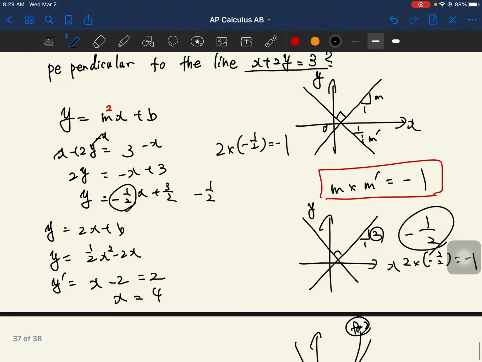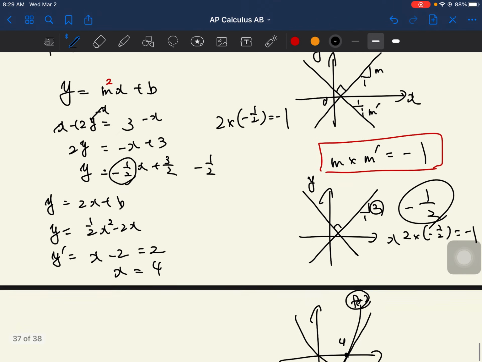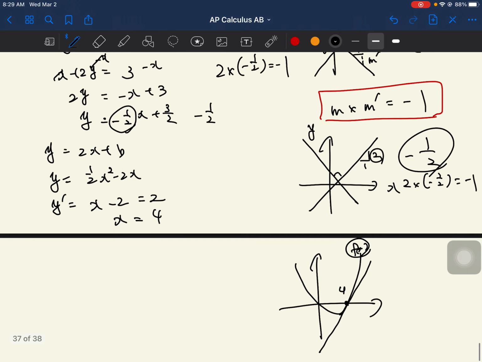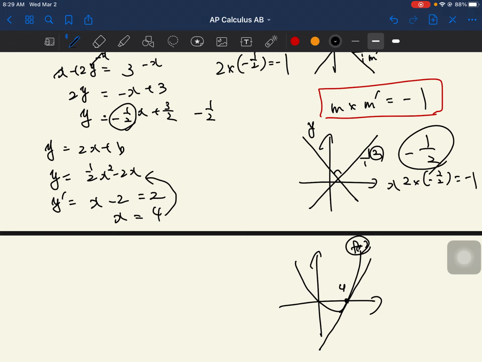So this means when x equals 4, this function f of x has a tangent slope of 2. So let's find the y value of this point. You can plug in 4 into here, then y equals 1 over 2 times 4 times 4 minus 2 times 4, which is 8 minus 8, 0. So now you know this point is (4, 0).